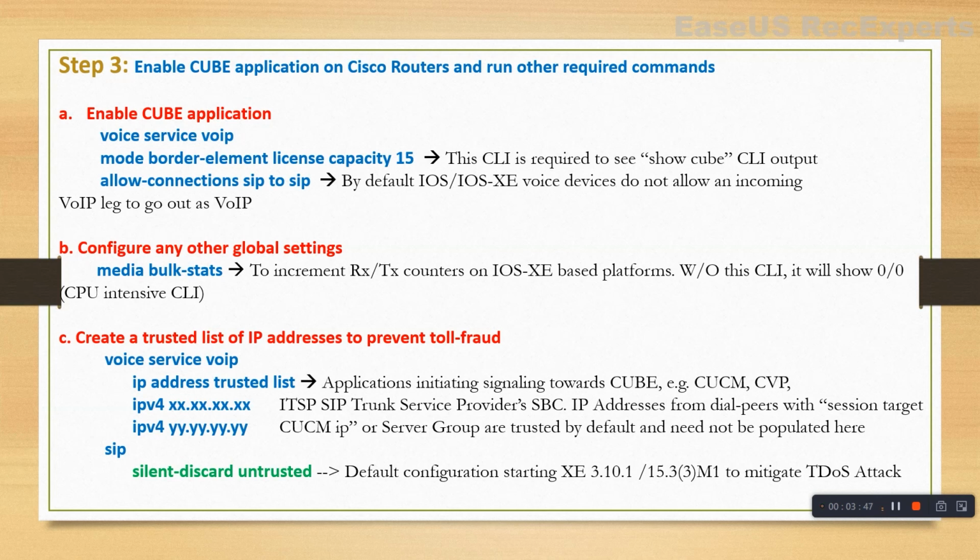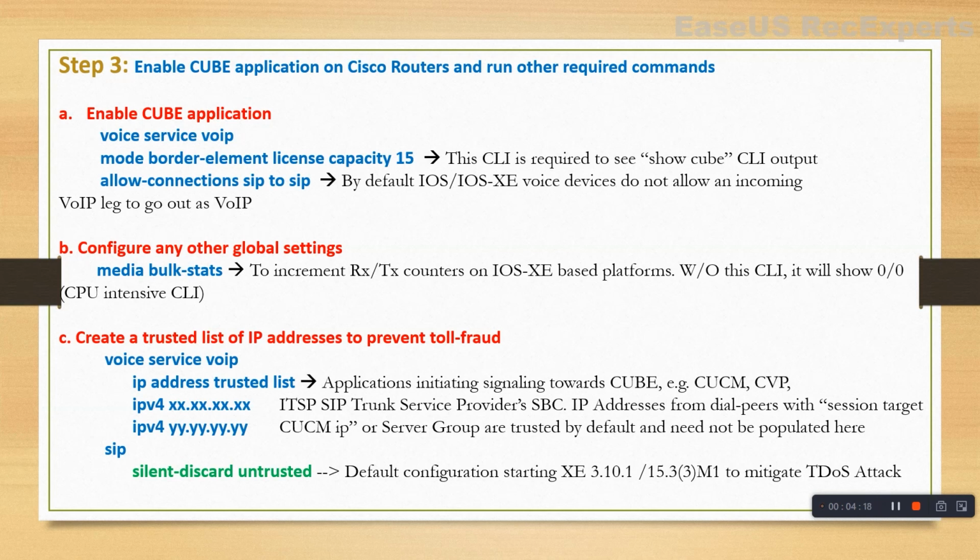This is mandatory to prevent toll fraud. Why? Because before, as far as I remember, before IOS 15.1, toll fraud prevention was not enabled by default, but after 15.1 or maybe 15.3, this toll fraud prevention is by default enabled in Cisco IOS, in Cisco routers, and that's why we have to add the trusted IPs specifically here.